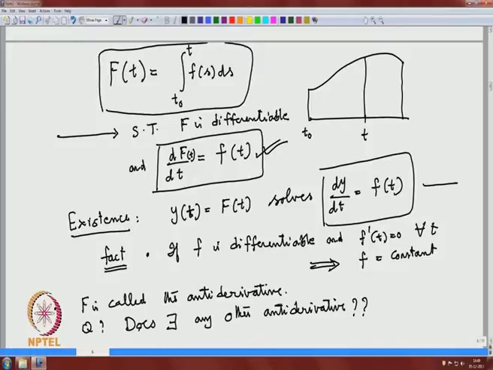So, you have produced one: if small f is continuous, then you produced an antiderivative using the area. The next question I am asking is, is there any other antiderivative? Yes, you can immediately identify some. You have one antiderivative, and if you add any constant c to F of t, that is also an antiderivative.